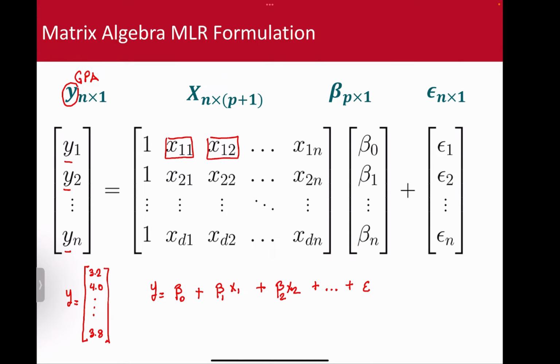So we have a lot of predictors, and they are concatenated into what we call a matrix. This is called in regression the model matrix, and it's called the design matrix as well.